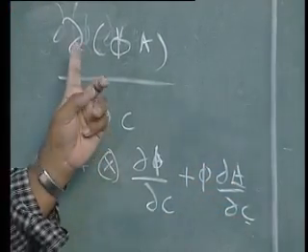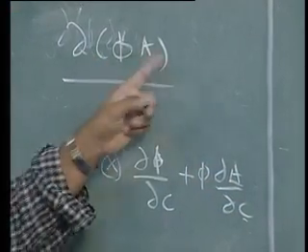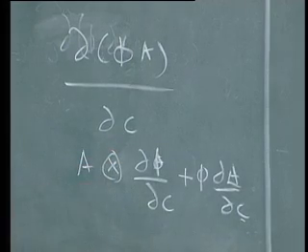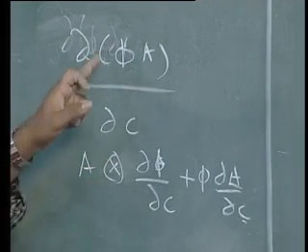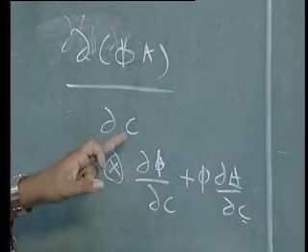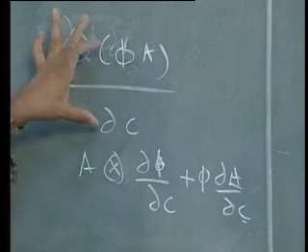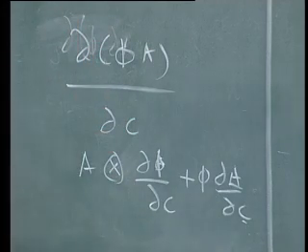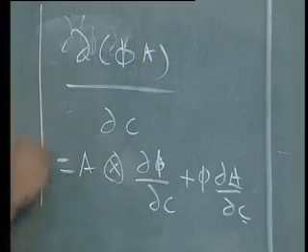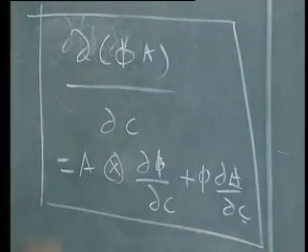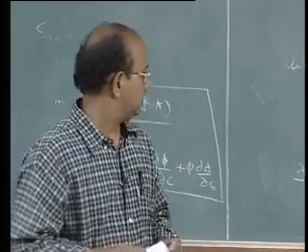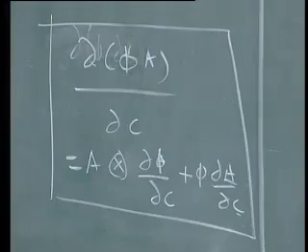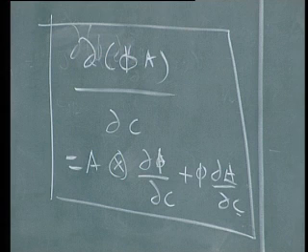So what is the result? A second order tensor, so this is a fourth order tensor, and that's the relationship. Any second order tensor. This relationship may be important to you.